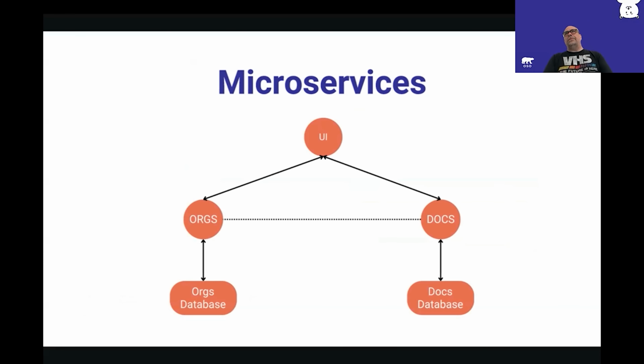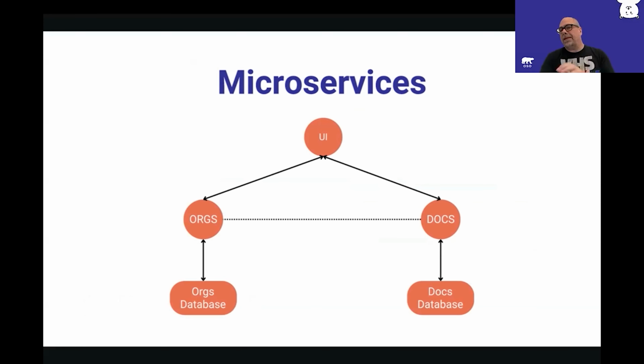So this is a very simple microservice application that I put together. But typically when we talk about microservices, especially within OSO, we think about discrete services. So for example, here I have organizations that manage both users and organizations, and that service has its own database.